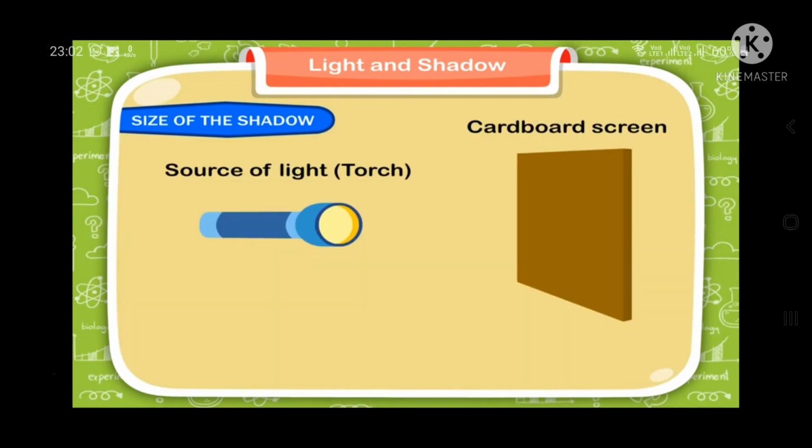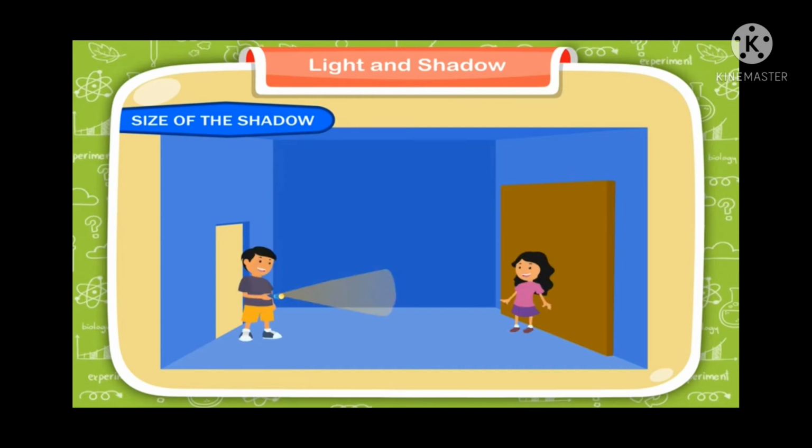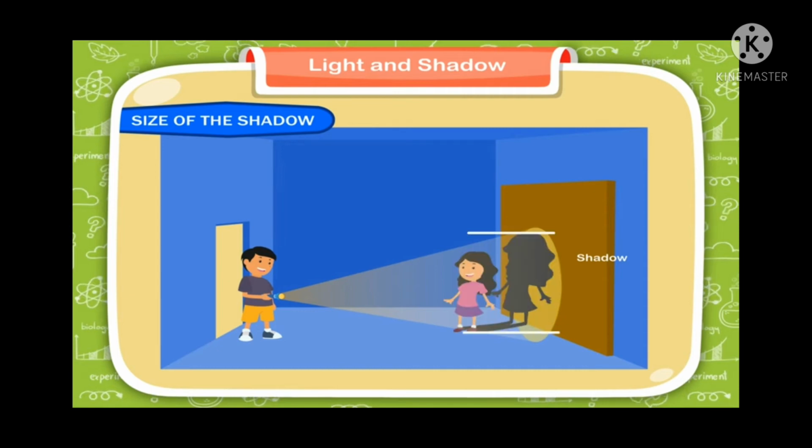Take a source of light and a cardboard screen in a dark room at night. Place the cardboard screen at one corner of a wall. Ask your brother or sister to stand in front of the cardboard screen. Allow the light from a torch to fall onto your brother or sister. Can you see the shadow on the cardboard screen?